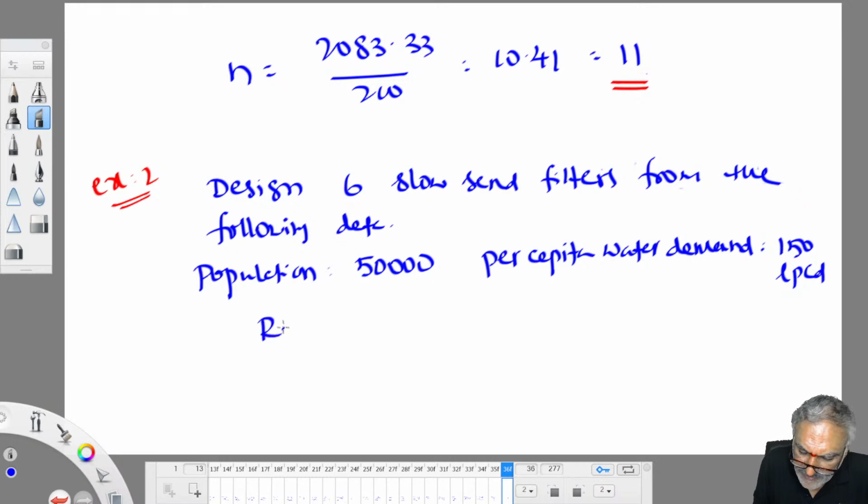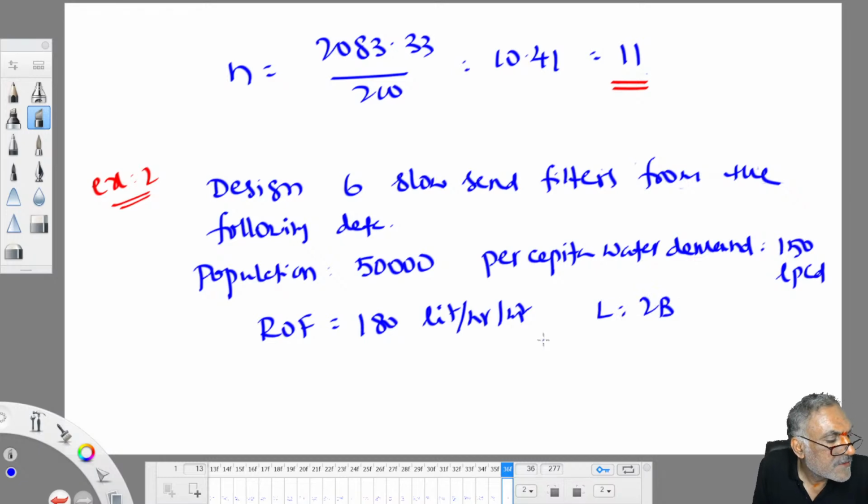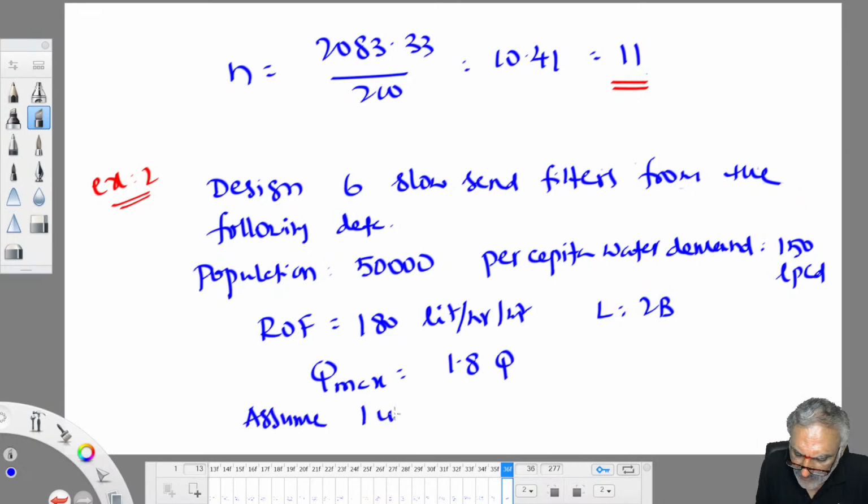Rate of filtration is given as 180 liters per hour per meter square. Length is equal to 2 times B. And maximum demand is equal to 1.8 times average demand. Assume 1 unit out of 6 as standby.